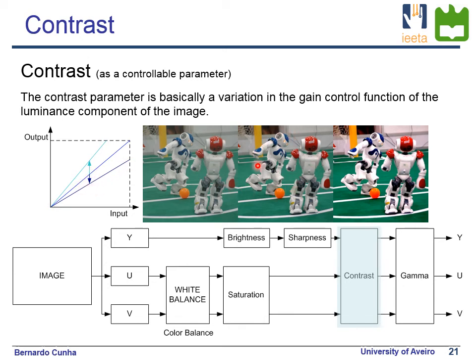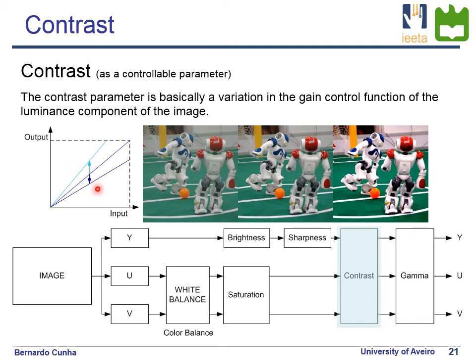Looking again, this image would be the original contrast image with intrinsic parameters. And on the right, you can see the image that results from increasing the contrast by using this transfer function. You can see that there are sharper regions between white and dark areas of the image.